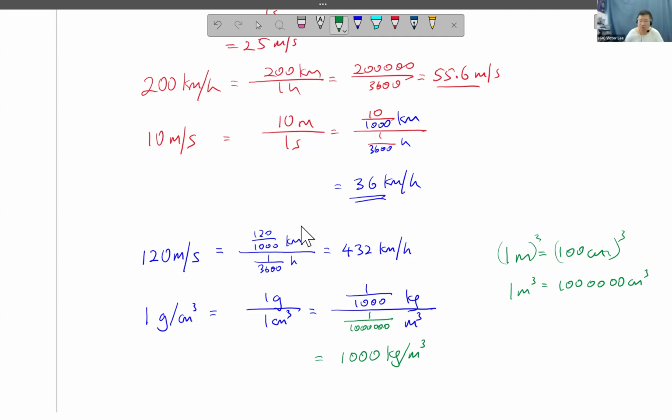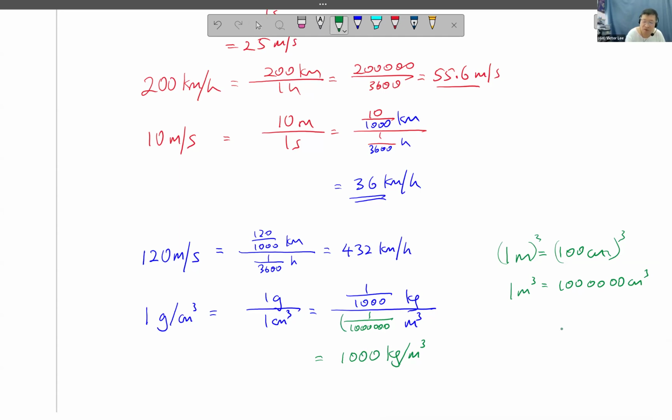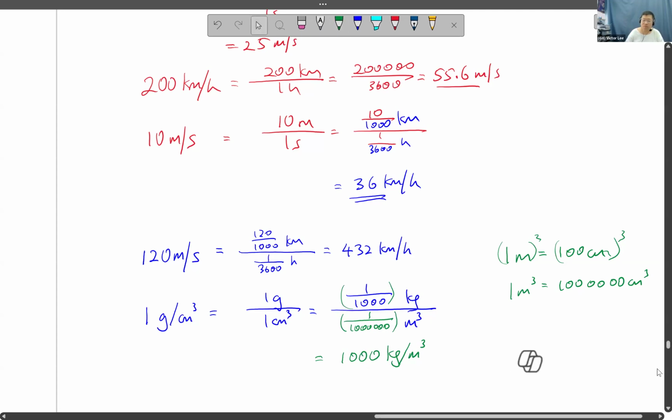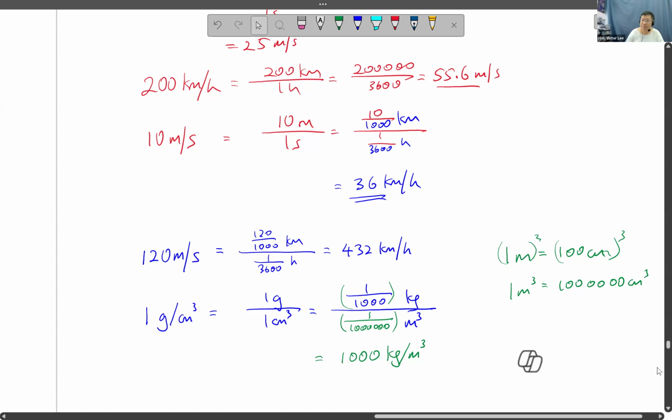Why so small? Let me check if I did it right. Hold on. You press calculator correctly. You try to put a bracket around this one. Like that. I got 1,000.